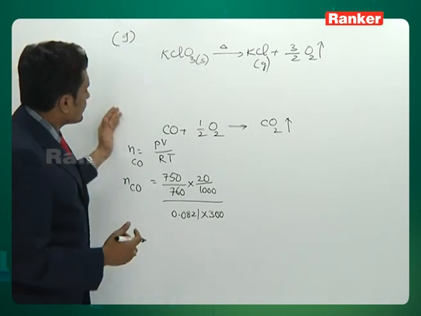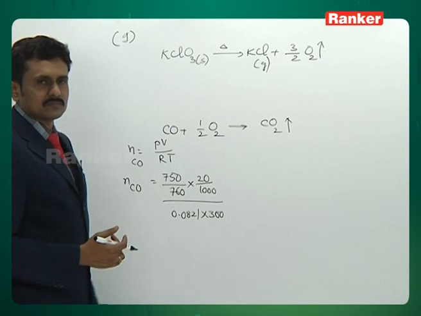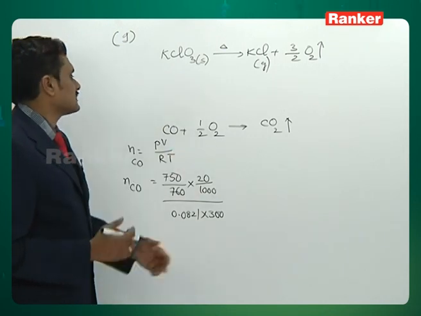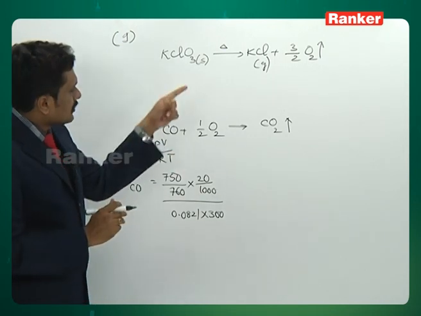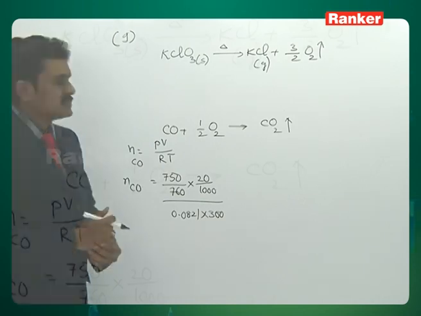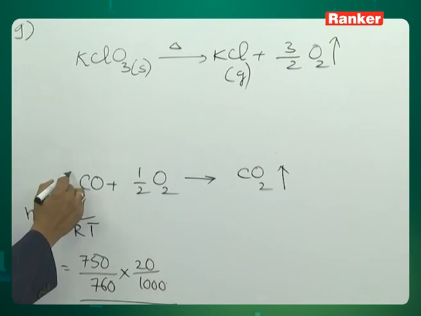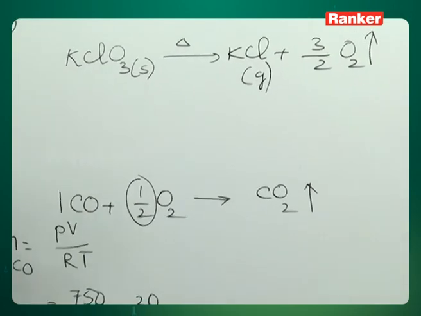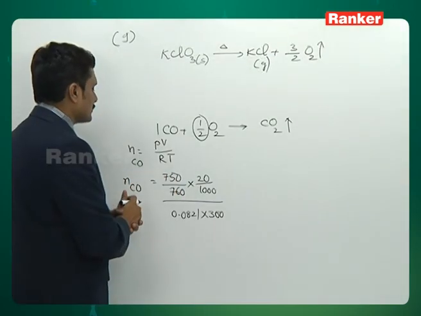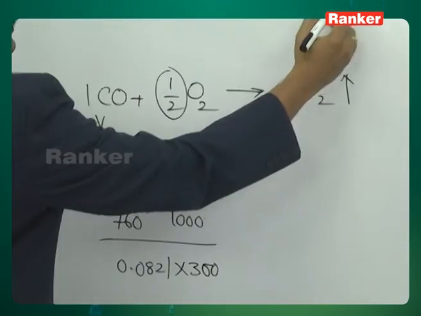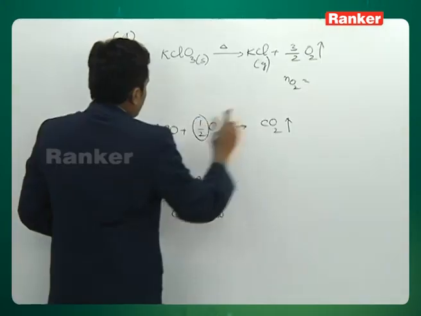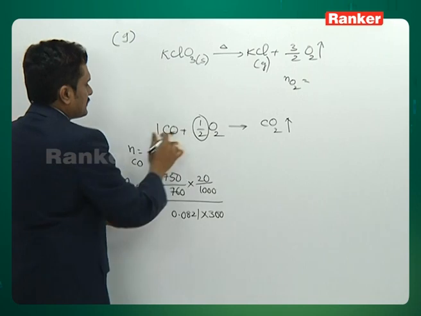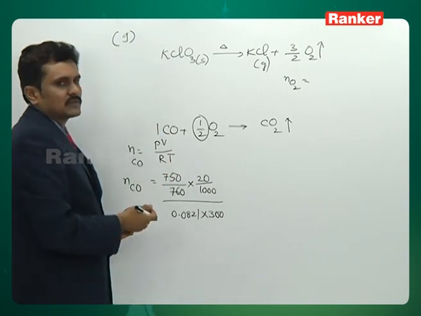From this information, we will find the oxygen moles, because ultimately we need the moles of oxygen, which is a common substance between these two reactions. To get the number of moles of oxygen, you know that the mole ratio of these two substances is 1:1/2. That means if I get this many moles of carbon monoxide, I will get the number of moles of O2 as half of the entire thing. You can see 1:1/2 is the mole ratio.